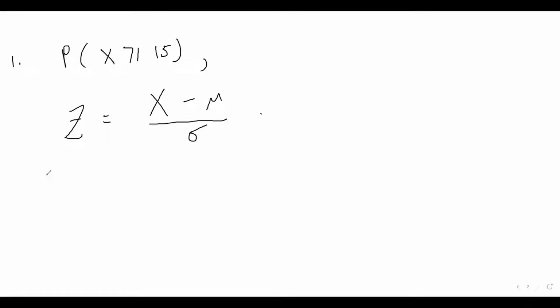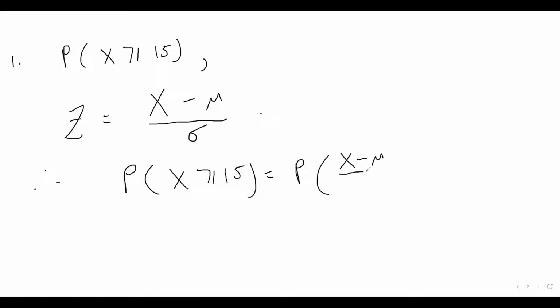We say, therefore, the probability that x is at least 15 is equal to the following. It's equal to the probability that x minus mu, so now we apply this formula for standardizing the random variable, x minus mu divided by sigma.